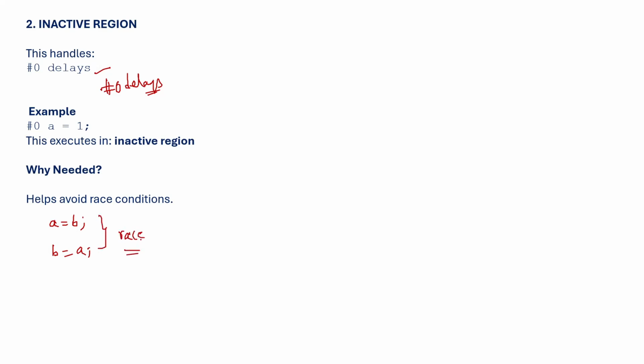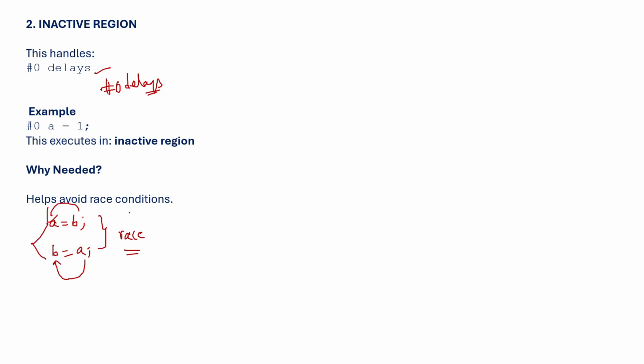Why is the race condition happening? You are assigning b equal to a without any delay, and at the same time a equal to b you are executing. I told you in Verilog all the statements are executed in parallel, so these two statements are executed in parallel. Then which one do I need to consider here?